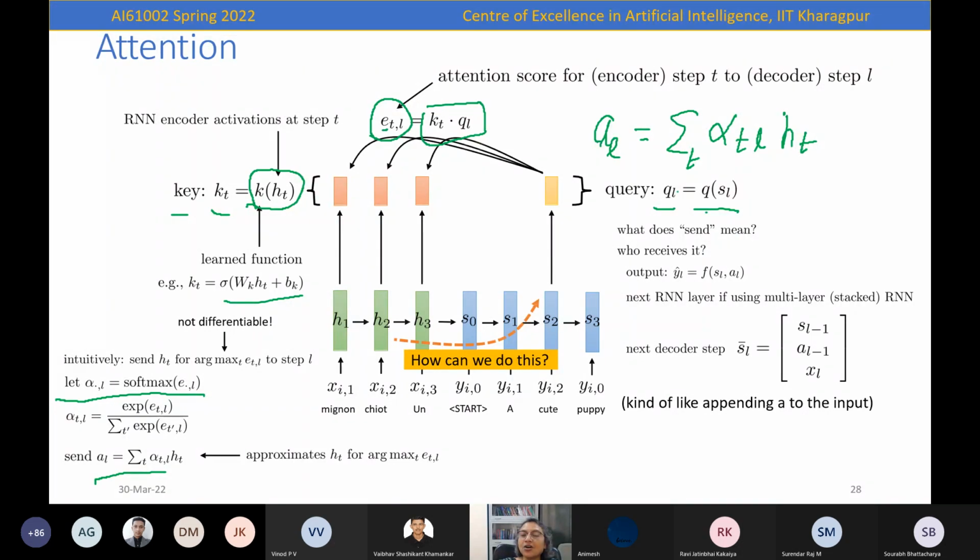Then we find out the context vector at the lth decoder state as alpha tl times ht, summed over all t. Is this okay? If you have any questions, please ask.